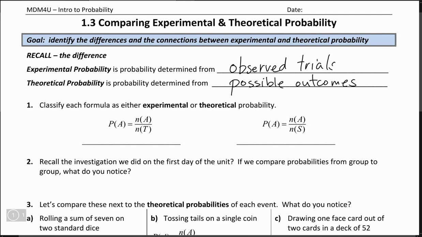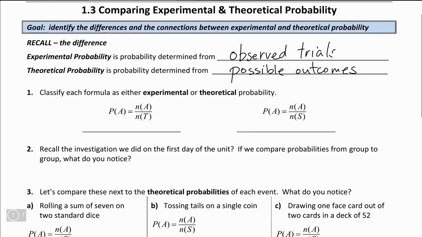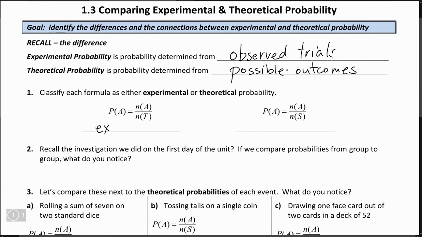Okay. Number one, classify each formula as either experimental or theoretical probability. The first one is experimental. Okay. How do you tell? Because the denominator, it's n of t, and n of t refers to the total number of trials.